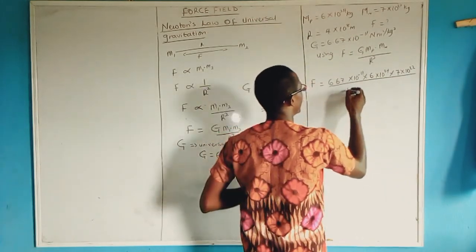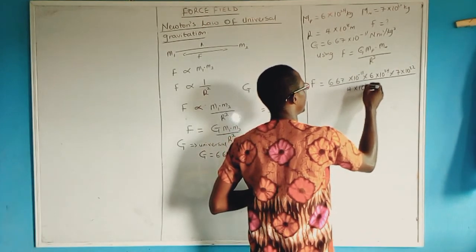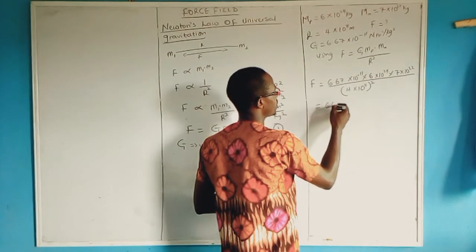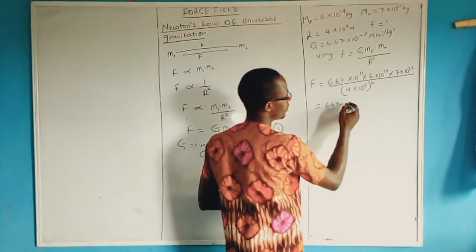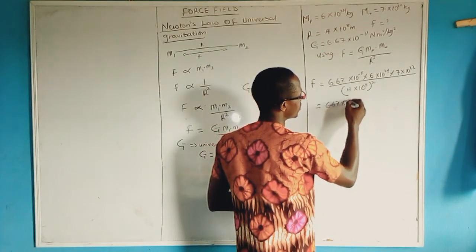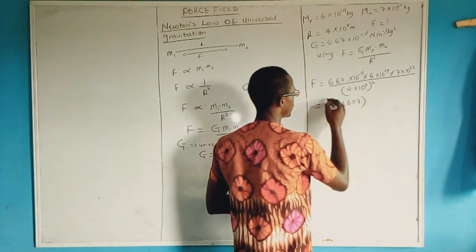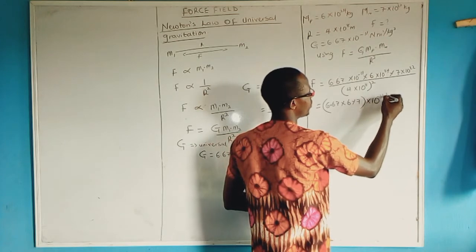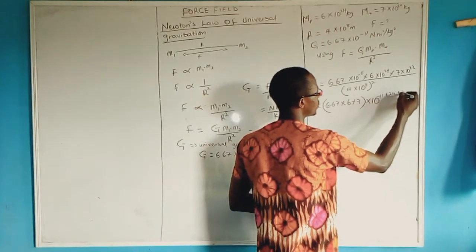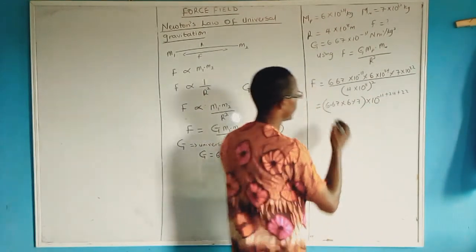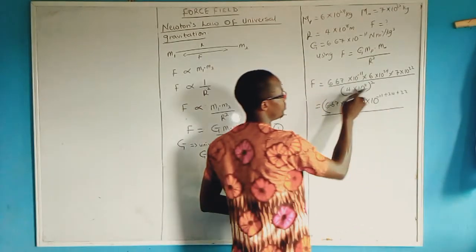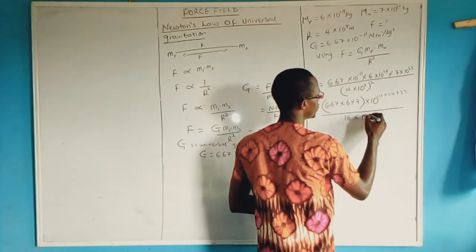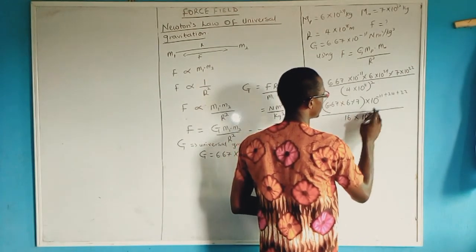So r is 4 times 10 raised to the power 8, all squared. So from here I can have 6.67, solving in standard form, times 6 times 7, all times 10 raised to the power minus 11 plus 24 plus 22, all over 4 squared, which is 16, times 10 raised to the power 8 times 2, which is 16.